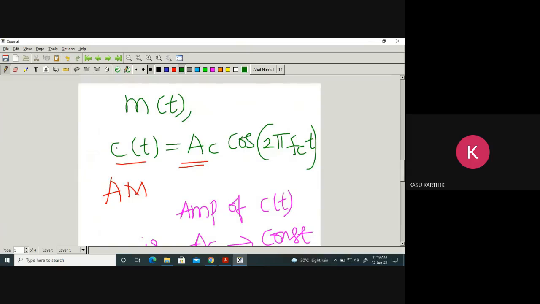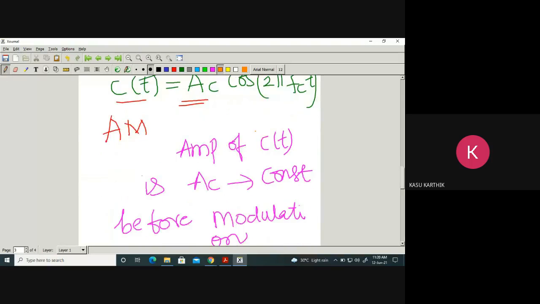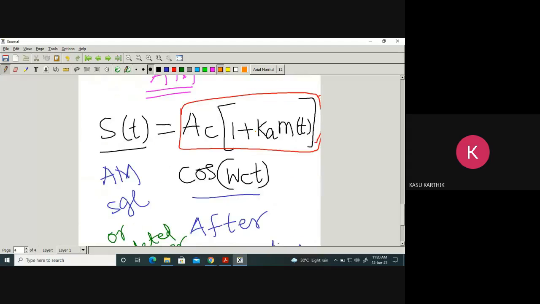It is called the carrier, or sometimes the unmodulated carrier. It is before modulation. c of t is a carrier before modulation, and s of t is a carrier after modulation. So the difference is clearly visible to you.